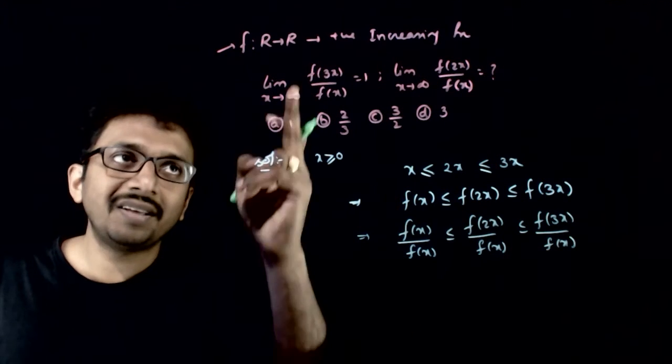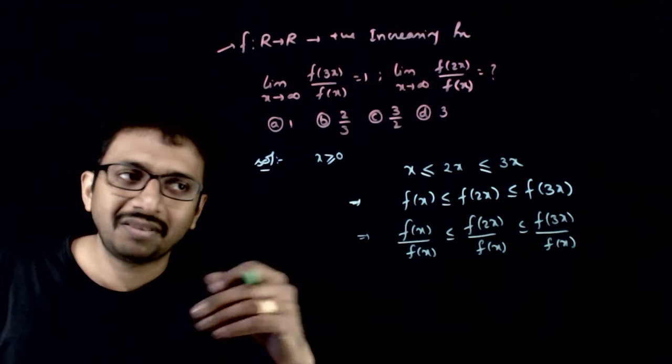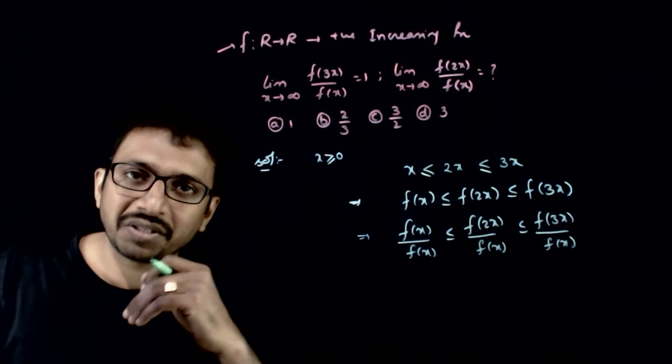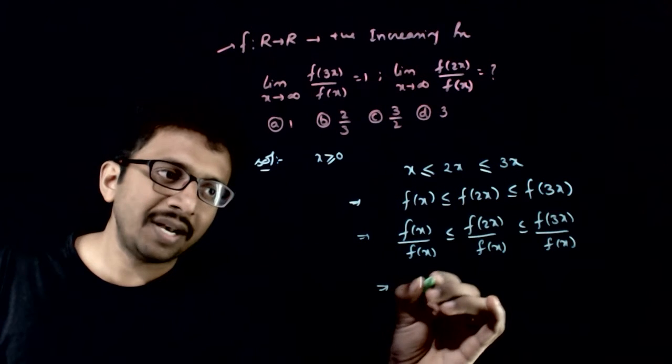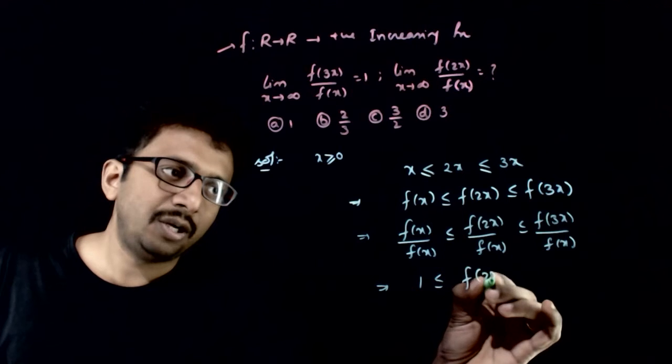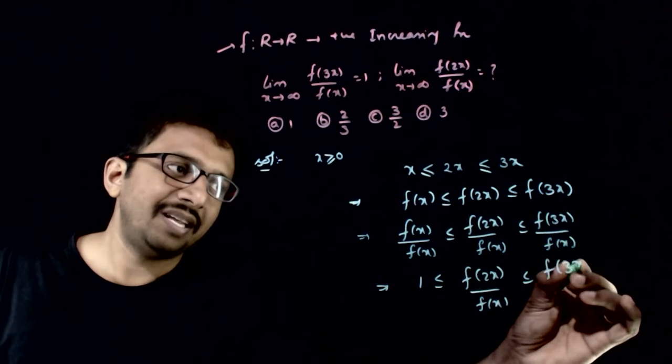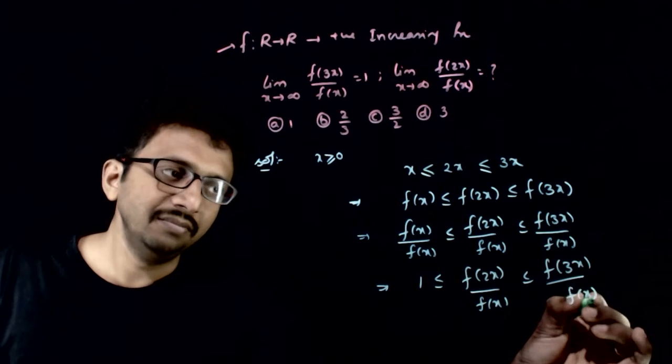I can do this because it's given that f is a positive increasing function, that is, when x is close to infinity, f(x) is positive. So this implies 1 is less than or equal to f(2x) by f(x) is less than or equal to f(3x) by f(x).